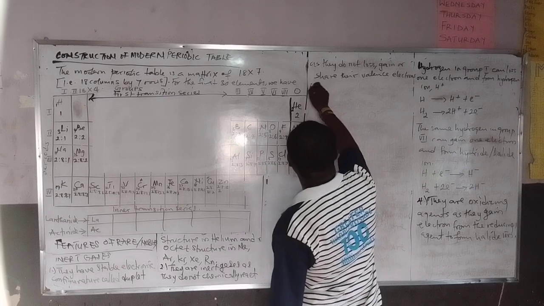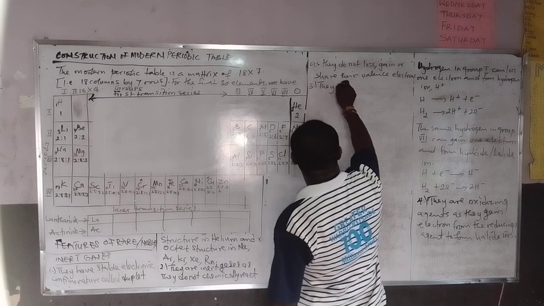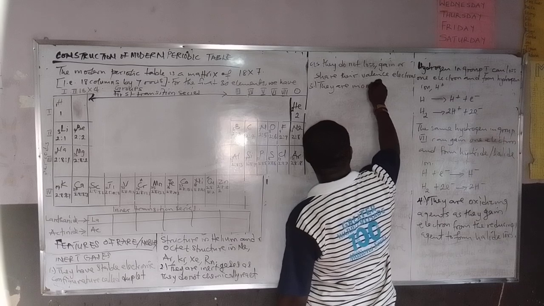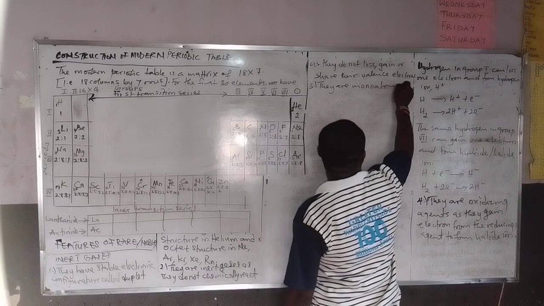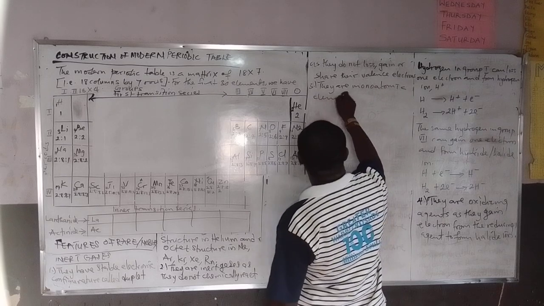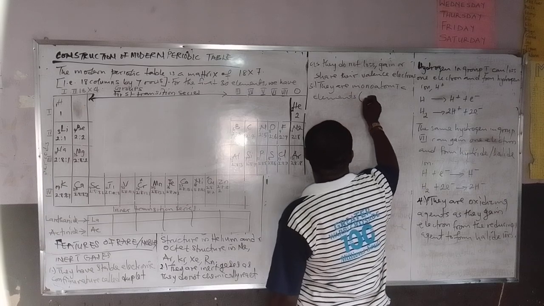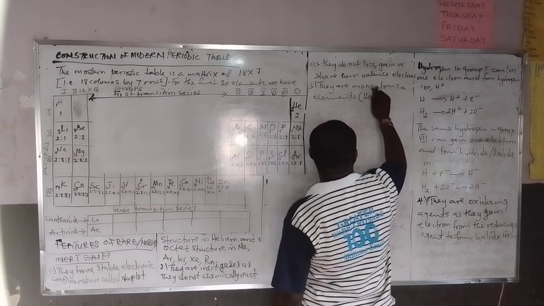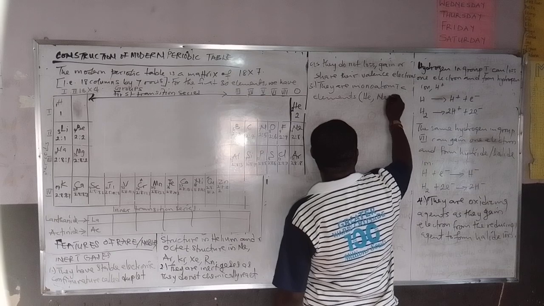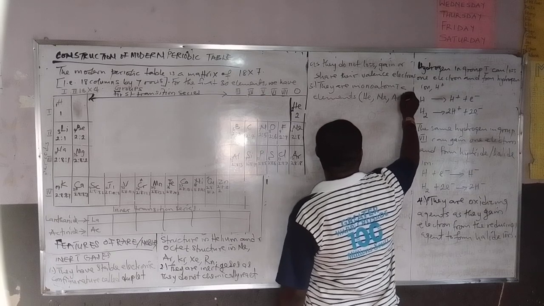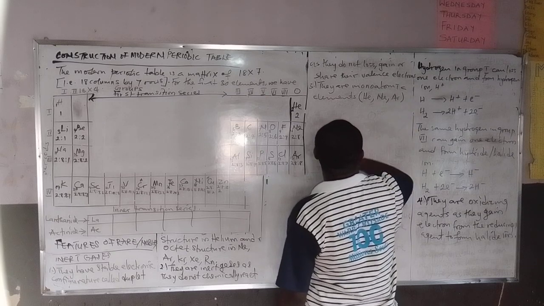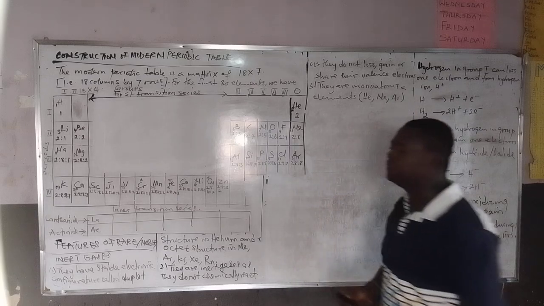Then another thing to know about them is that they are monoatomic elements. When you are writing them, you write He, you don't put 2. You have Ne, you don't put 2. You have argon, Ar, don't put 2 under. So that is that about that.